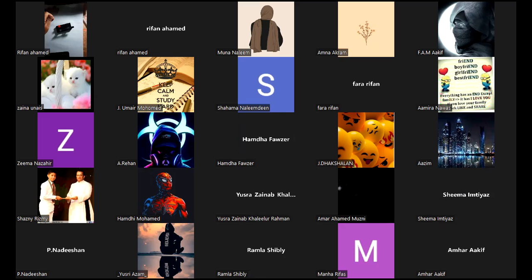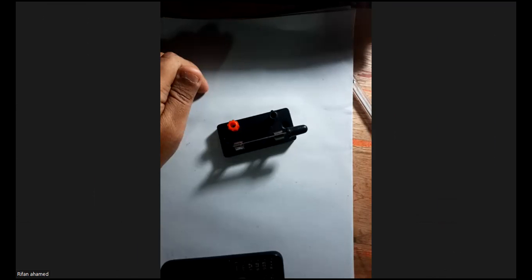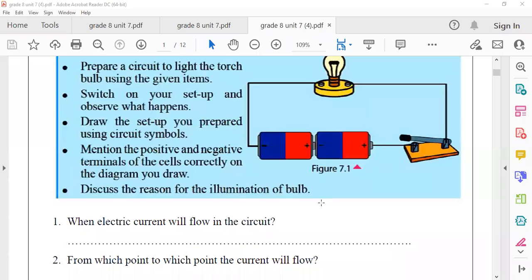If you look at this diagram, in what position is the switch in the diagram? Open position.